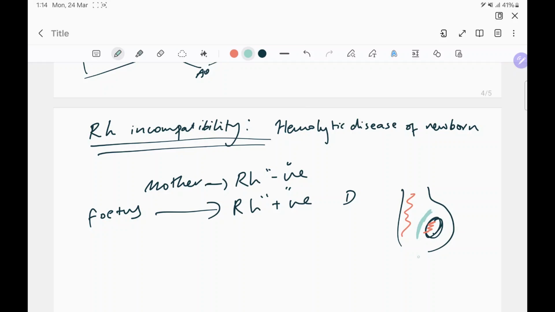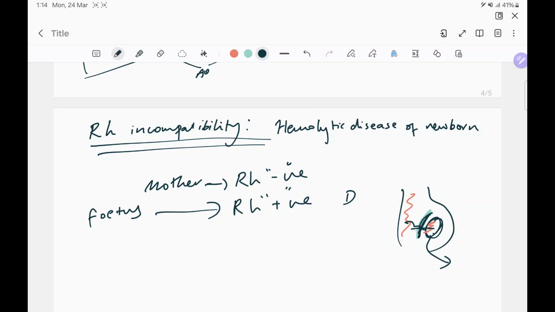And during the time of birth, during labor, when the baby is coming out, there will be damage to these membranes and the blood can mix. The baby's and the mother's blood tend to mix. So that's usually when the mother gets sensitized to these antigens which are present in the fetal blood. And anyway, the baby's out by now for the first child. So he's safe most of the time.